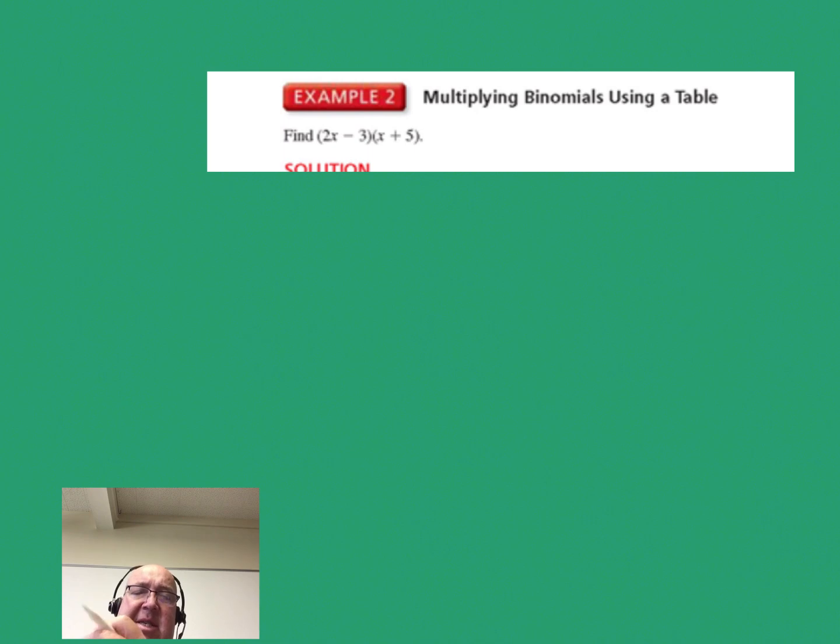Another method is to use a table, or what's called an array. Alright, with the area model, we're just going to draw a square.